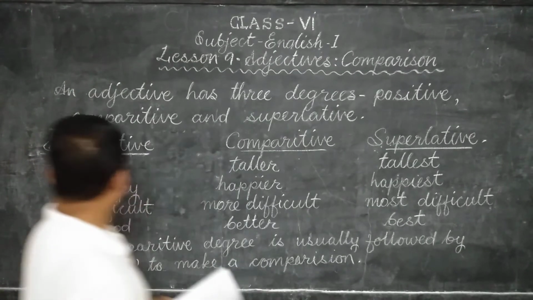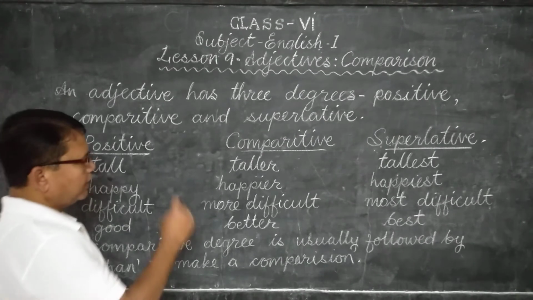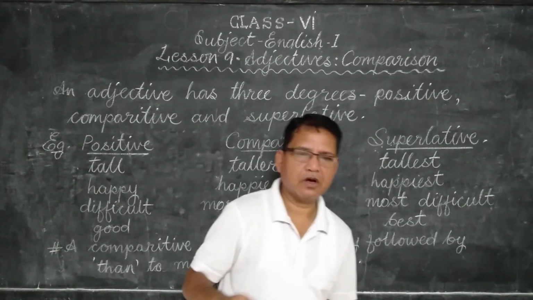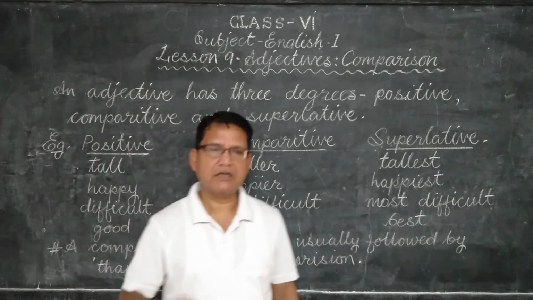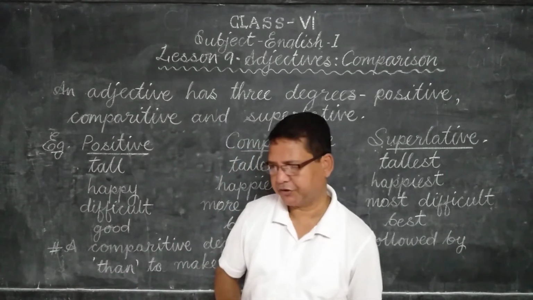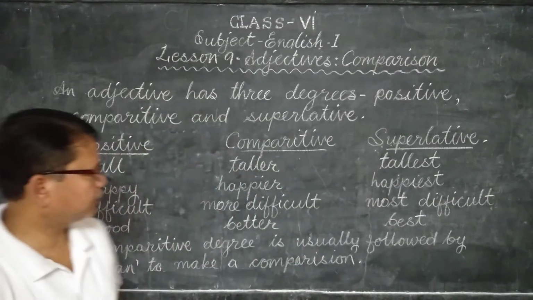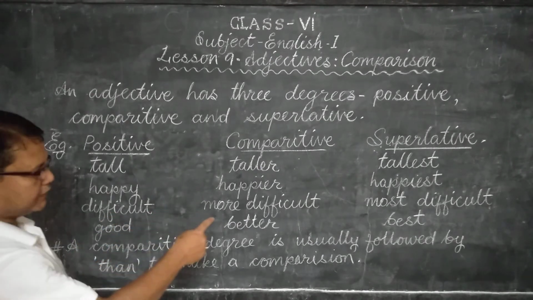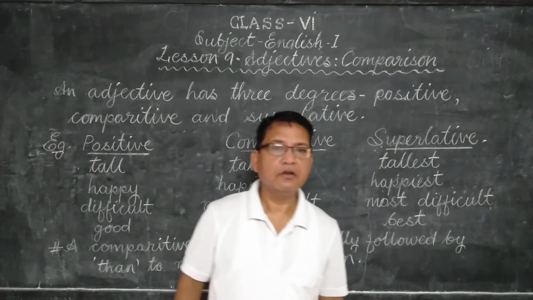Again I will do the example. Like I told you, tall, taller, tallest. Happy, happier, happiest. Short, shorter, shortest. Hard, harder, hardest. Easy, easier, easiest. Same. Difficult, more difficult, most difficult. But if I say beautiful, what will I write?